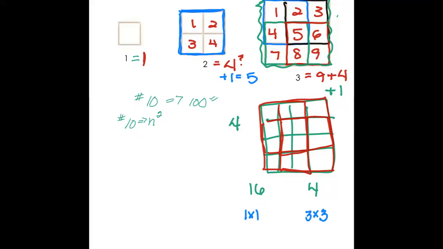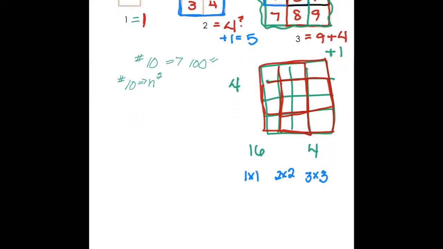How many 2 by 2s would I have? 1, 2, 3, 4, 5, 6, 7, 8, 9. Do you guys see them?